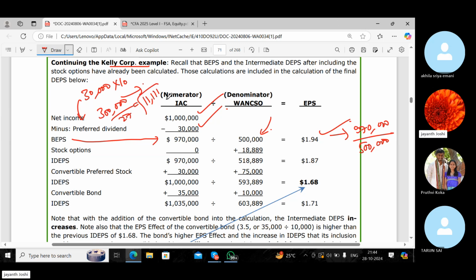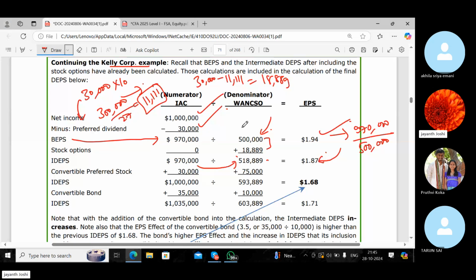Now out of 30,000 shares, if I remove 11,111 shares, 18,889 is still outstanding. So I added this and got 5,18,889. 9,70,000 divided by 5,18,889. My EPS got diluted, of course.